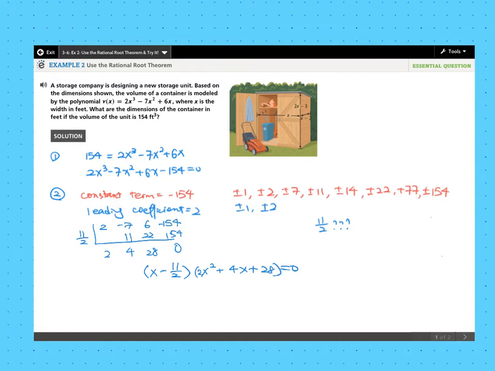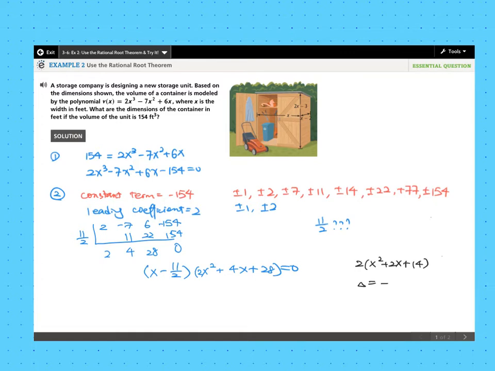Okay, now I'm not done yet. I have to keep solving this. I've got one answer, that's 11 over 2, but I have to solve 2x squared plus 4x plus 28. If you factor the 2 out, it may make life easier. It becomes x squared plus 2x plus 14. This is not factorable, so you have to find the discriminant, b squared minus 4ac.